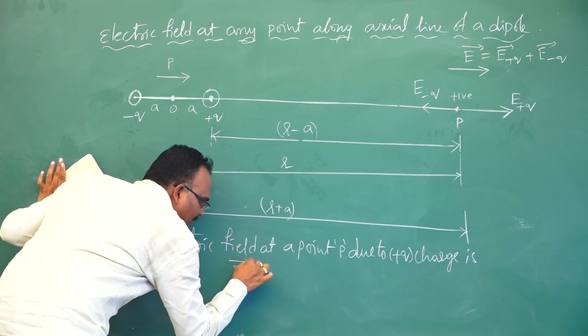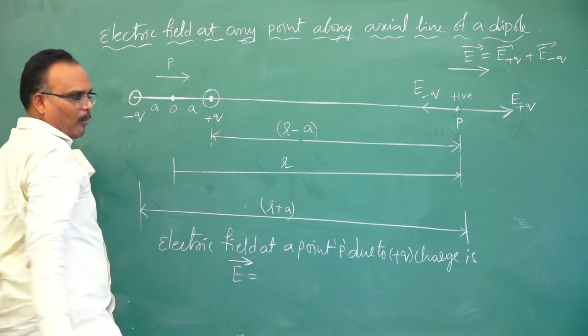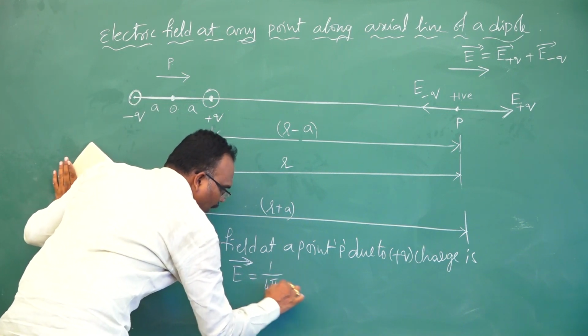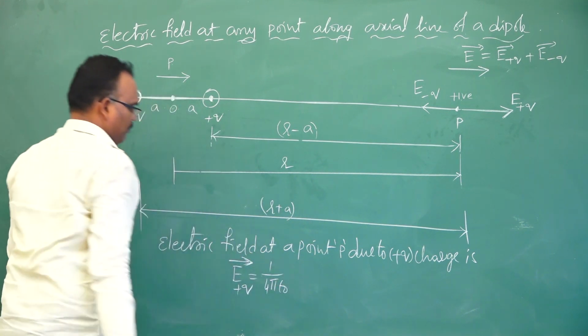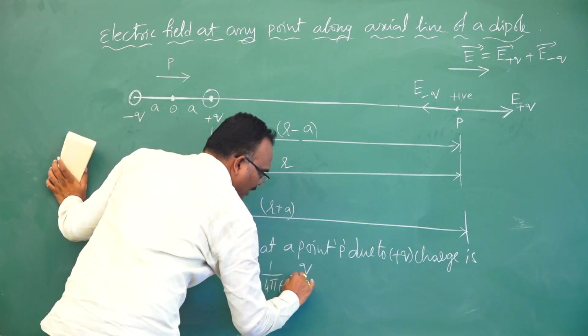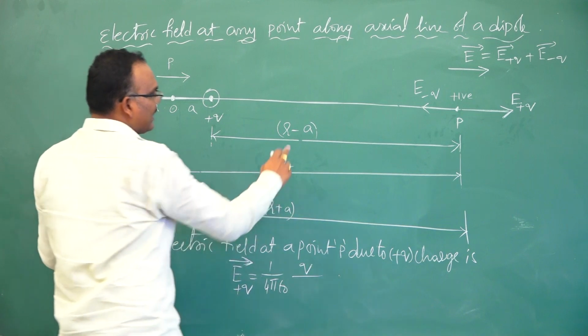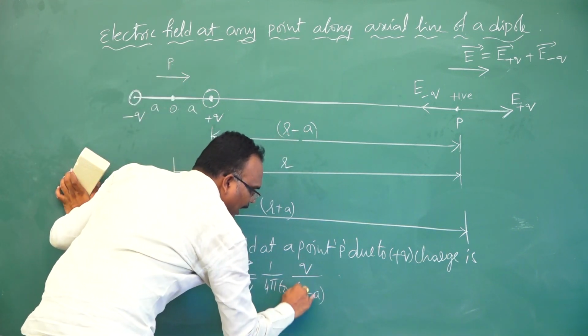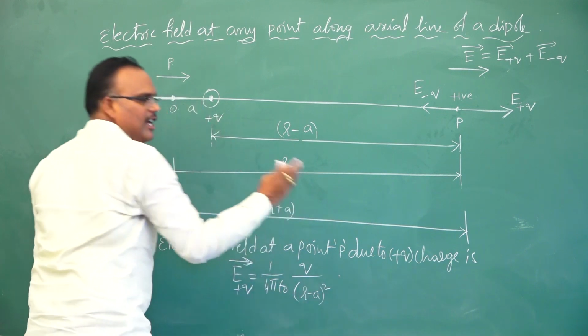You remember this, this is very important. I am writing in vector form. E bar is equal to 1 by 4 pi epsilon naught, charge q divided by distance r minus a, whole square. This is all magnitude.